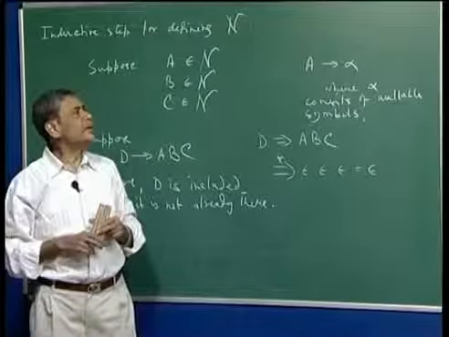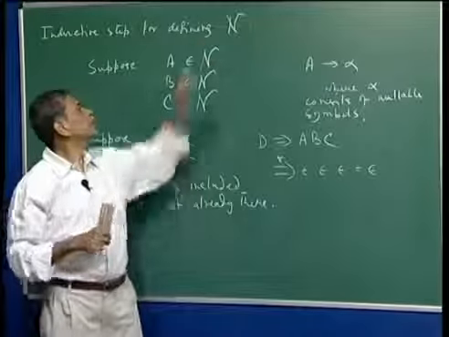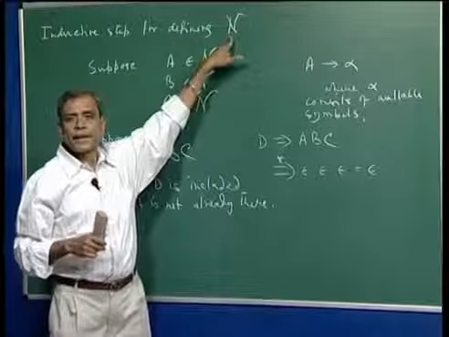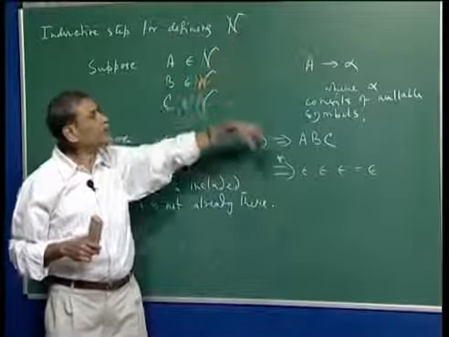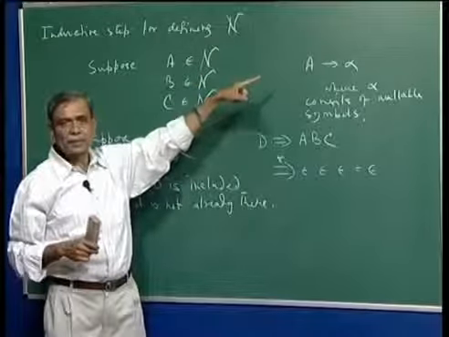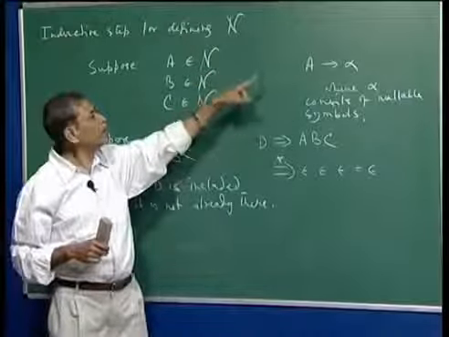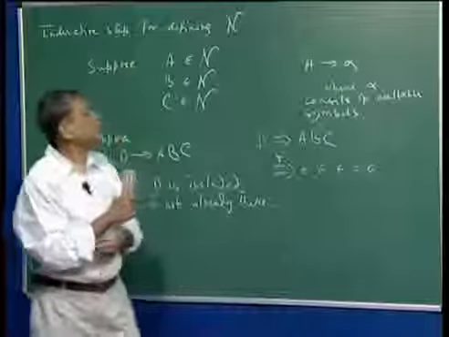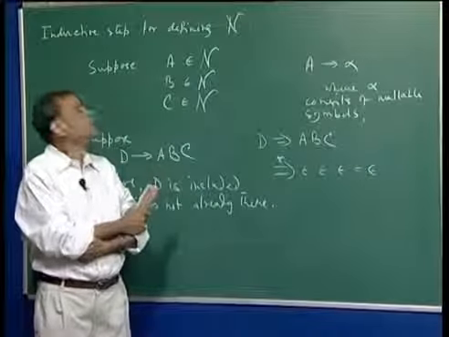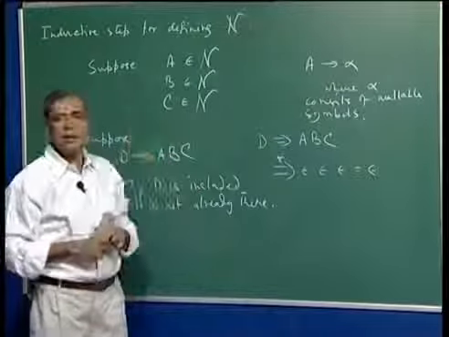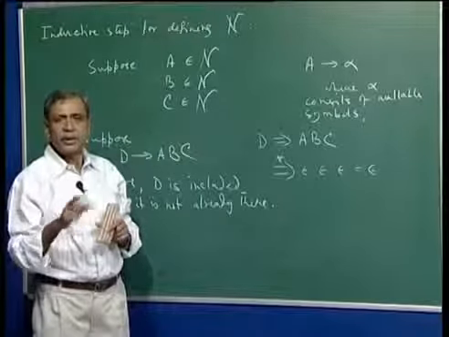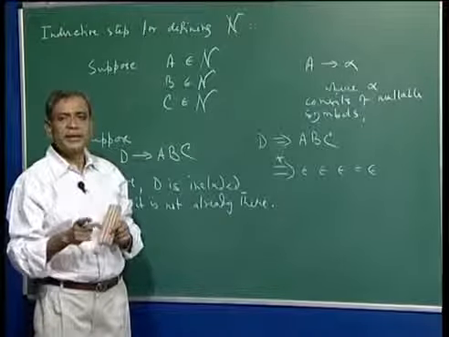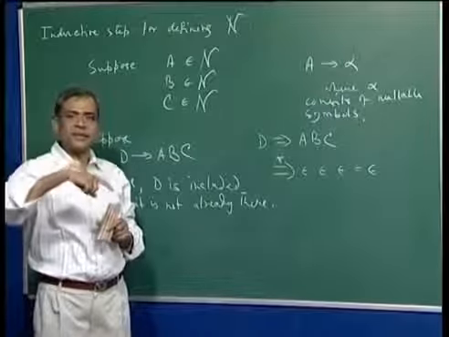Every iteration we start with some N, and then we look through all the productions, and if a new member can come into N, anytime I find so, that is the end of that iteration, I start the next iteration.